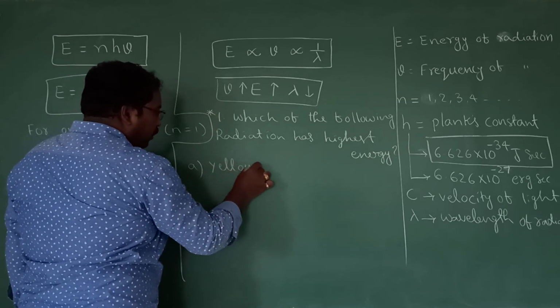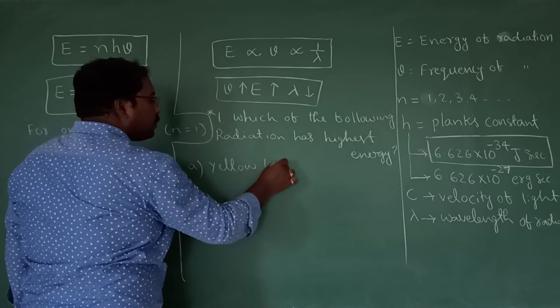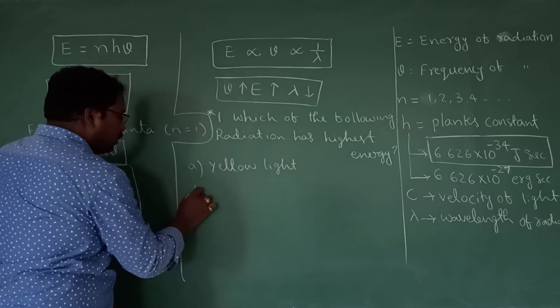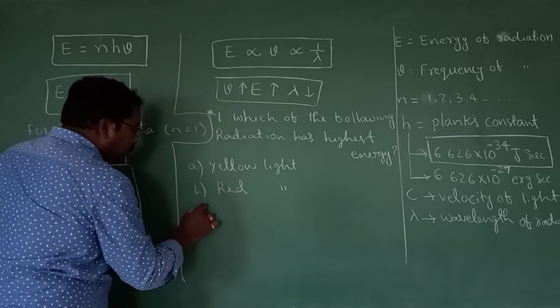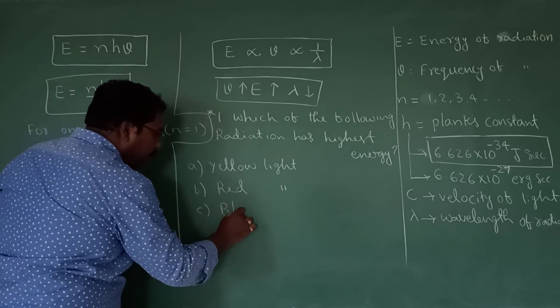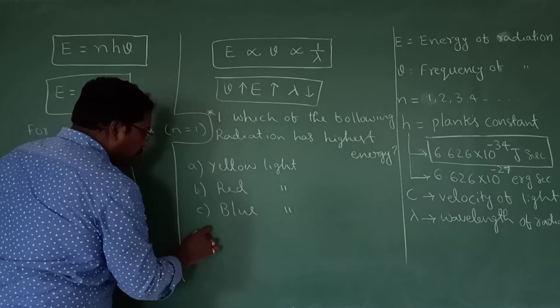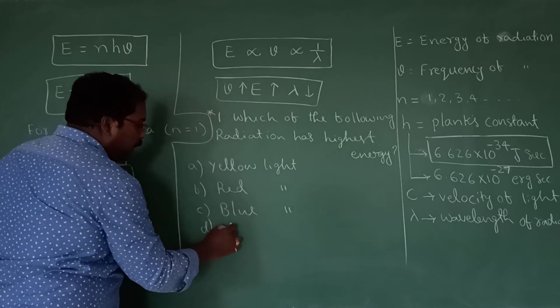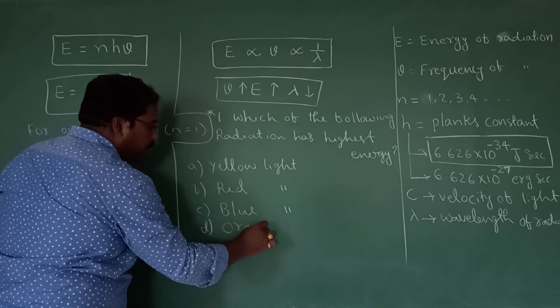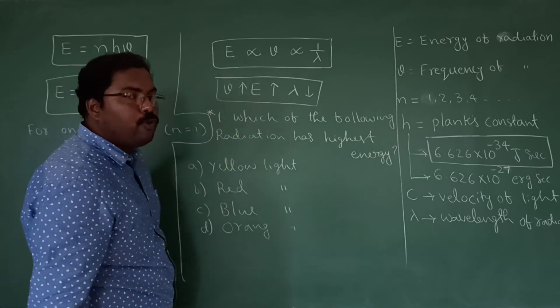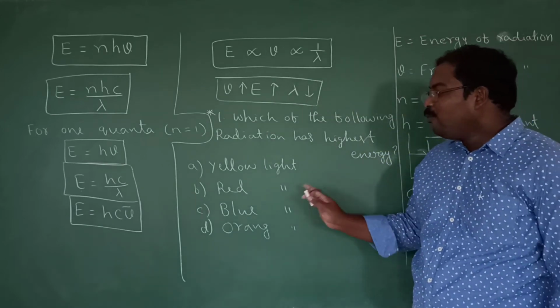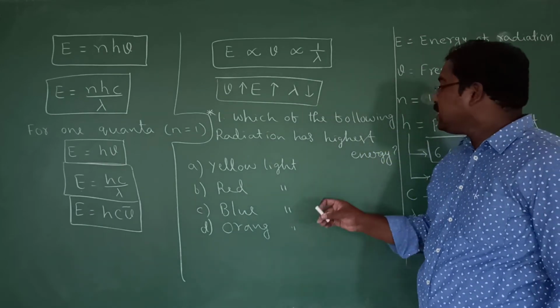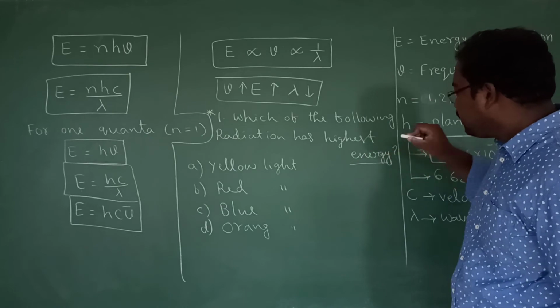Yellow light, red, option C, blue, option D, orange. So these are the four different colors given. Now my question is, out of the four, which is having highest energy?